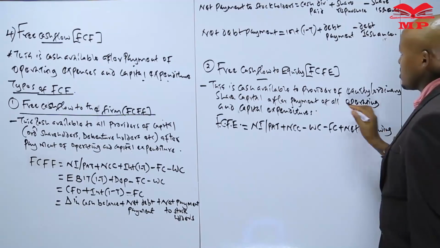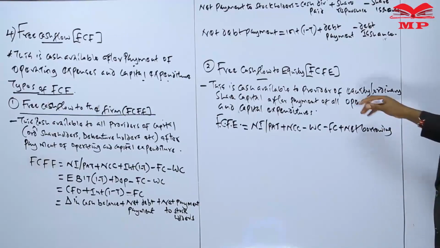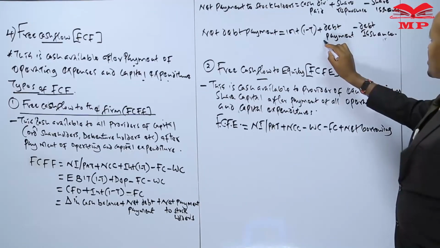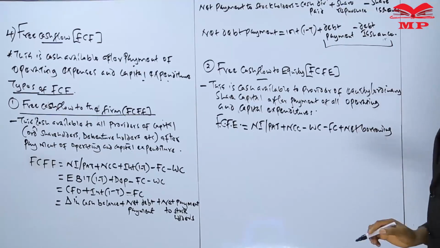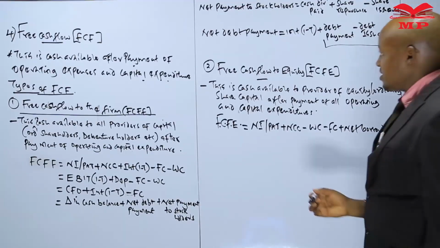Remember, we have looked at how we compute net borrowing. Basically, net borrowing is the amount of money spent in paying debts less any amount of money raised in issuing debt.